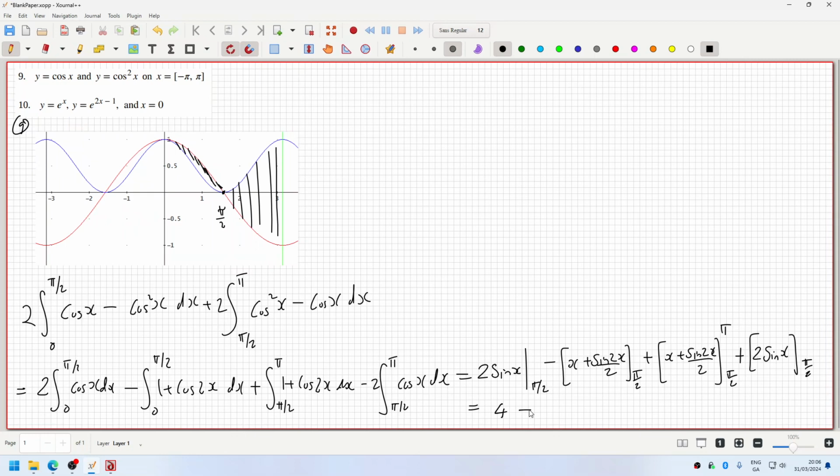Minus, that'll be sine pi, which is 0, so it's just minus pi over 2 plus pi, and sine 2 pi is 0, and likewise sine pi is 0 as well, so minus pi over 2.